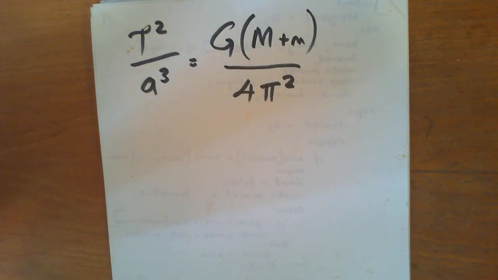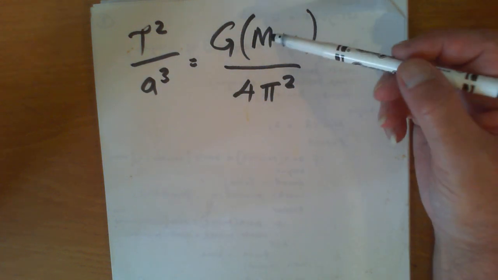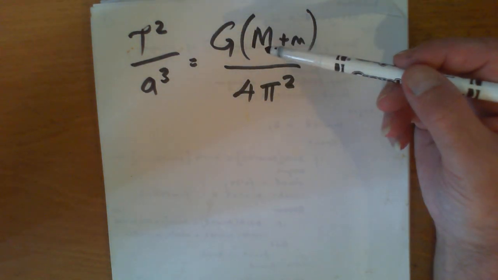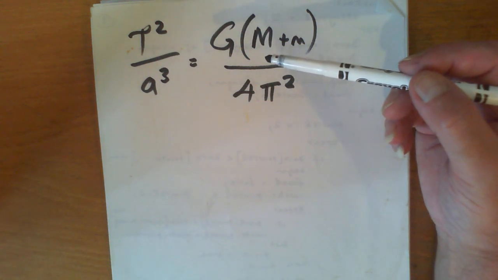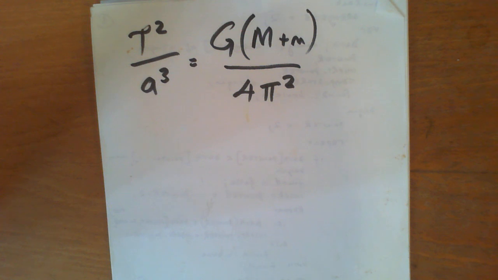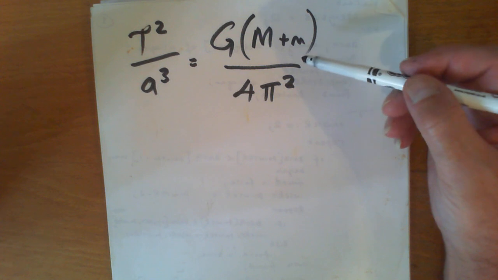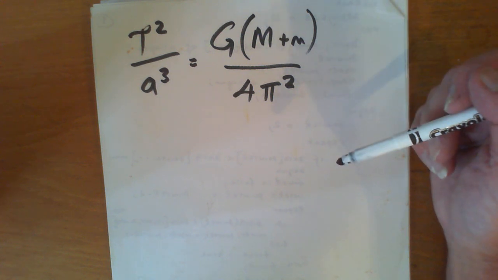Here G is the gravitational constant, which is the same everywhere, and obviously 4 pi squared is the same everywhere. Capital M is the mass of the object which is at the centre of this particular system we're looking at. So if we're looking at the solar system, M would be the mass of the Sun, and little m would be the mass of a planet or comet or whatever we're considering.